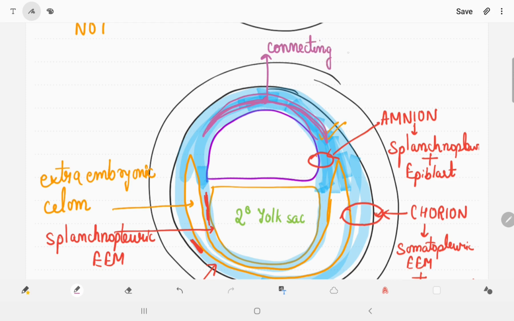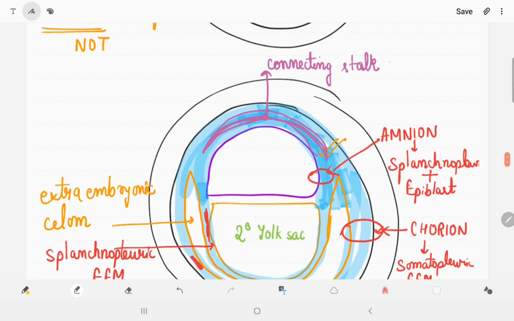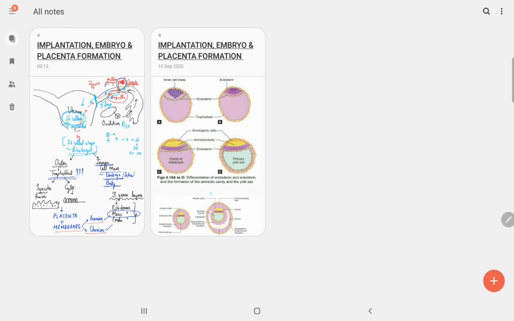This is known as the connecting stalk. And remember that the connecting stalk will form the future umbilical cord, right? So now at this moment, I want you to take you to another diagram, which is, yes.